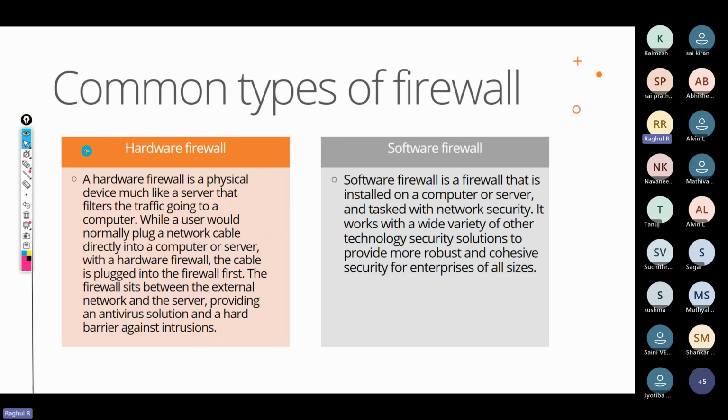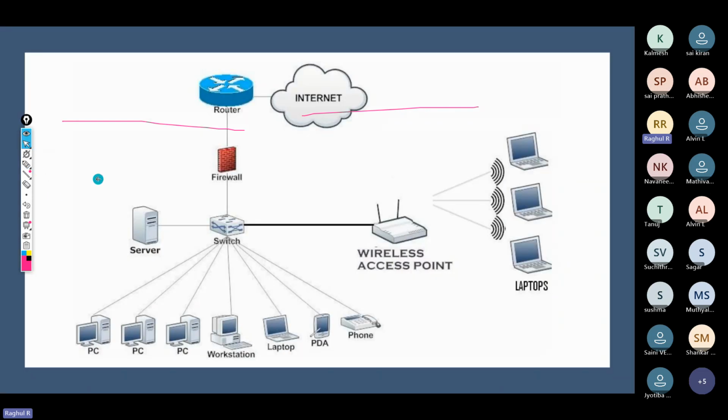Okay, also we have two more common types called hardware and software. So someone please explain with an example. What is hardware? What is software? I think the software firewalls are like the firewalls that we have in our laptop.